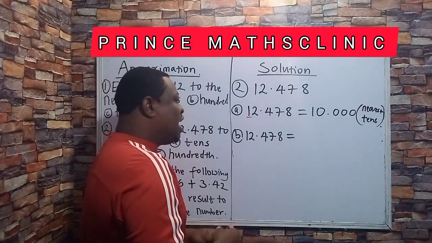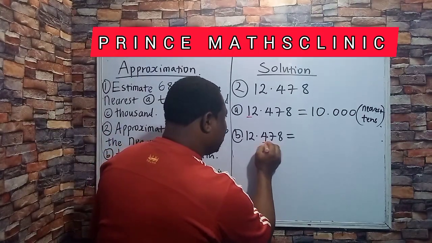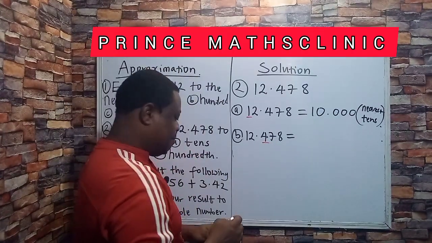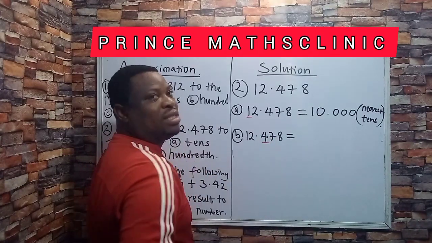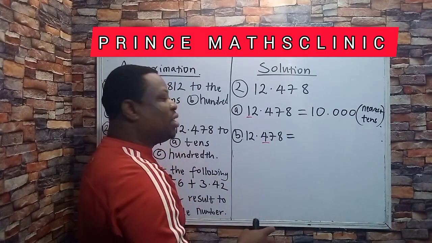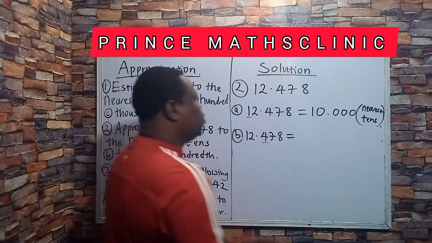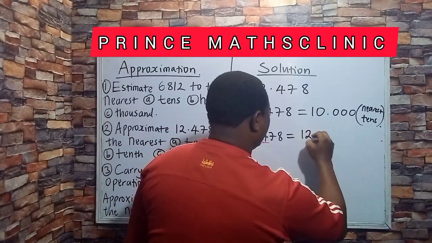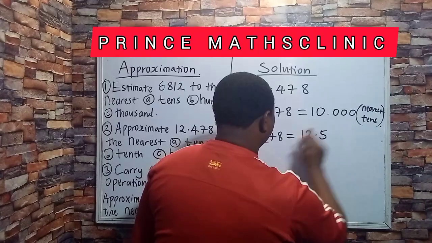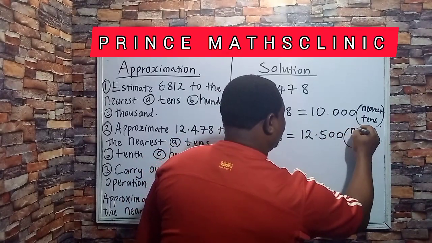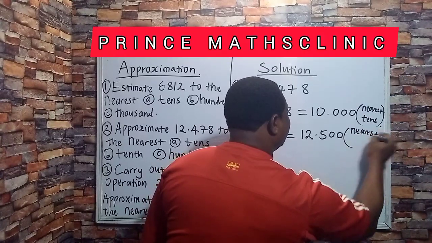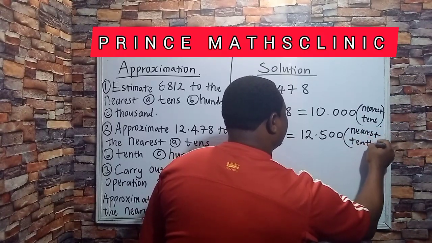So the nearest tenth is the number 4 there. You look at the number after it, is it up to 5? Yes. So you round up to 1 and add it to this 4. So it becomes 12.5. Then you change all this to 0. So this is the nearest tenth.